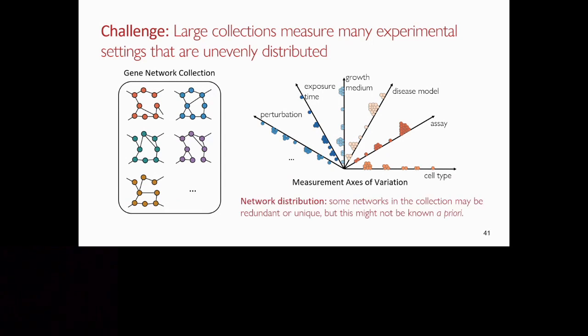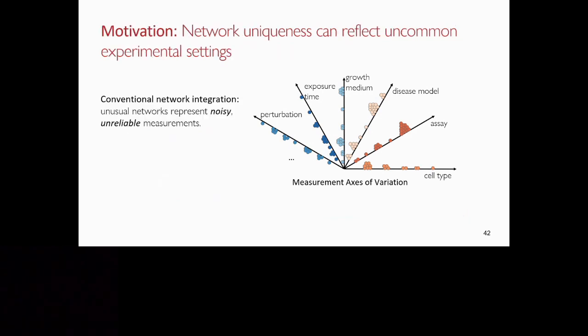And this means that some networks within our collection may be relatively redundant, or they may be relatively unique. But particularly when there are all of these different sources of variation, we may not have any knowledge about how unique a network is when we're starting the integration. And this brings us to the motivation behind Gemini, where in conventional network integration tools, we often think about these unusual networks as representing noisy and unreliable measurements that we don't want to really impact our learned gene embeddings very much.